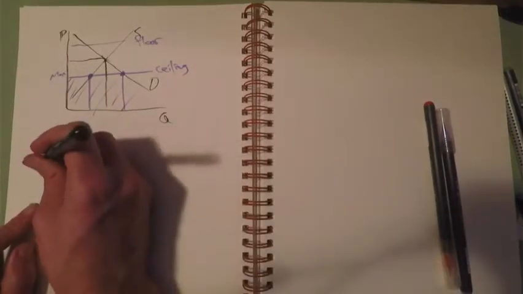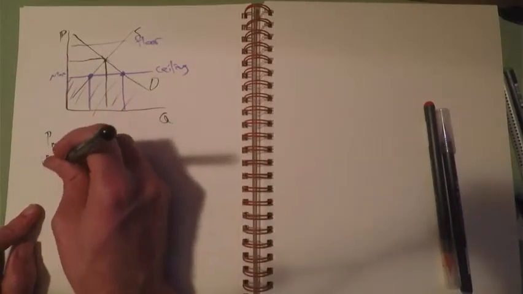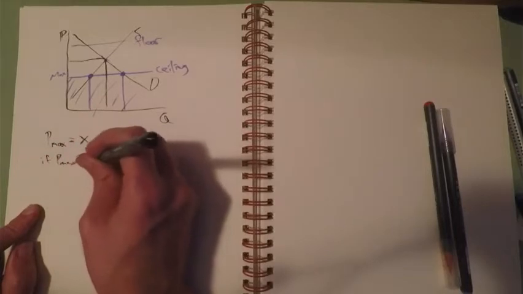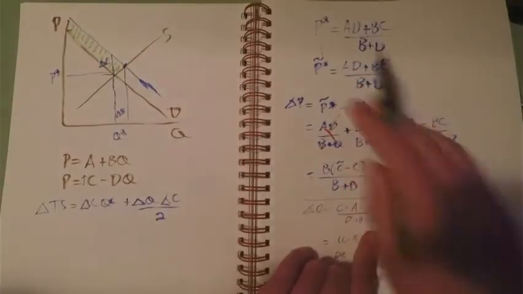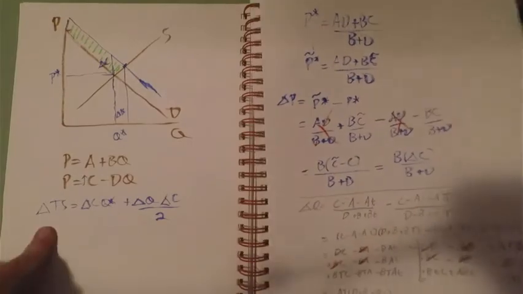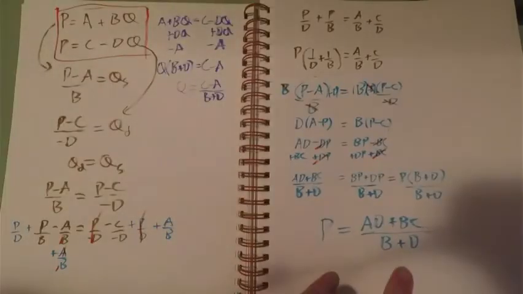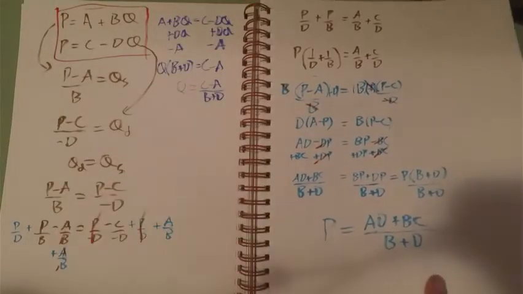So if P max is less than P star, let's go ahead and find what P star was. That was from way back. AD plus BC over B plus D. Then we got Q star.